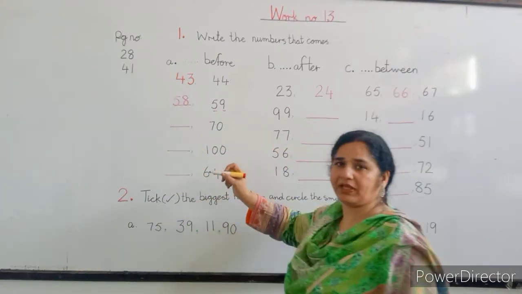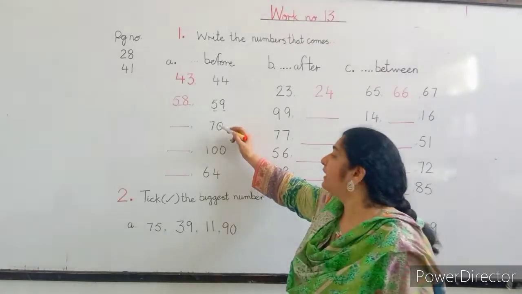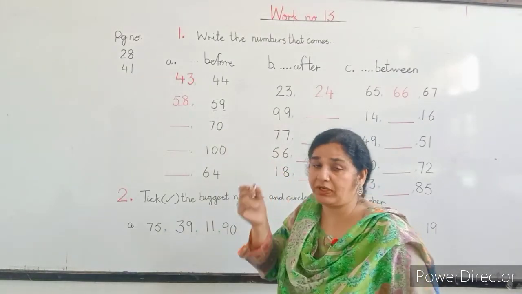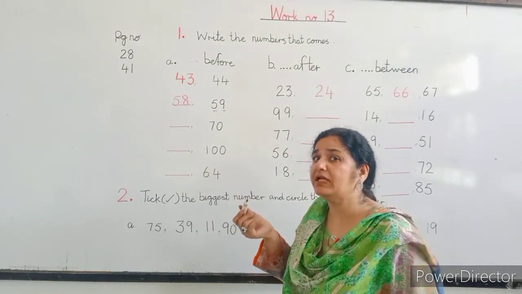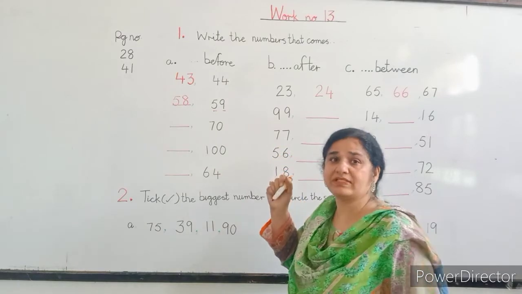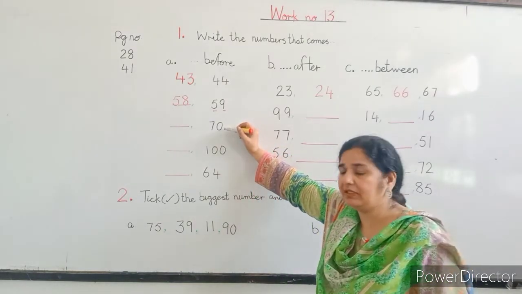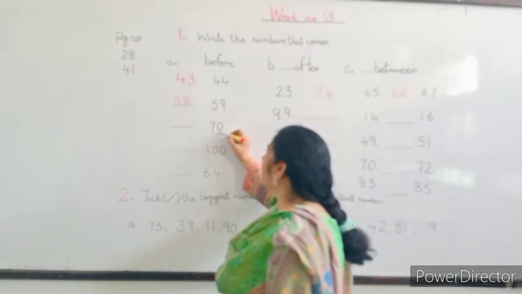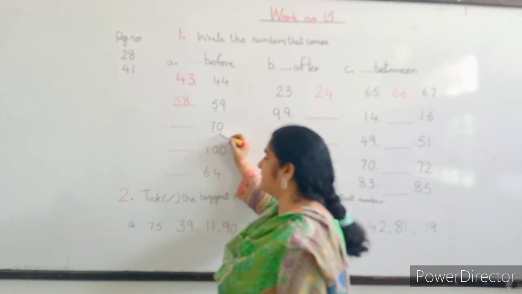Right? Okay. Now what comes before 70? Okay, it is a number of tens. 10, 20, 30, 40, 50, 60, 70, 80, 90, 100. All these numbers are from tens. Here I want to tell you one thing, that the tens will change and the ones will also change when it is a number of tens.